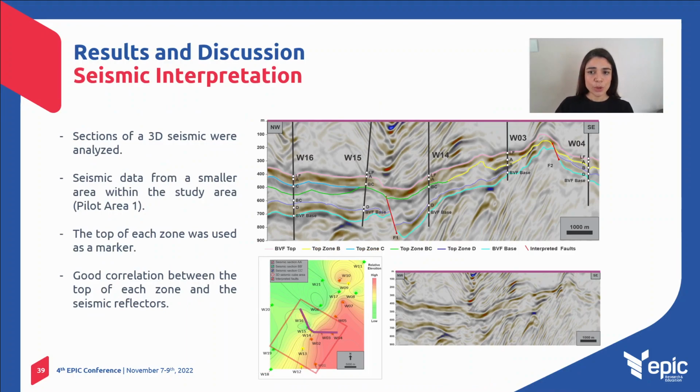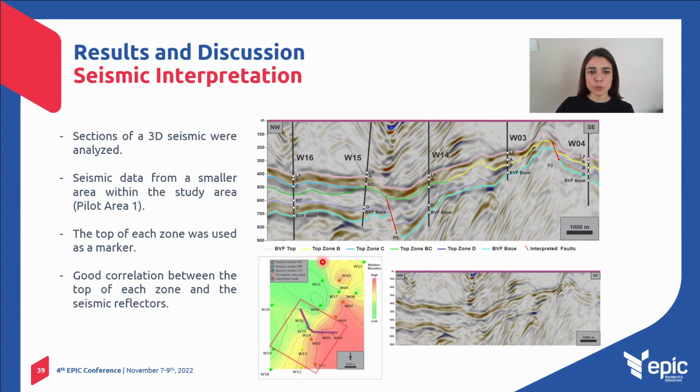And to correlate the zones defined in the wells with the seismic data, sections of a 3D seismic were analyzed, and the seismic data covers a smaller area inside the study area, named Pilot Area 1, indicated here in red.